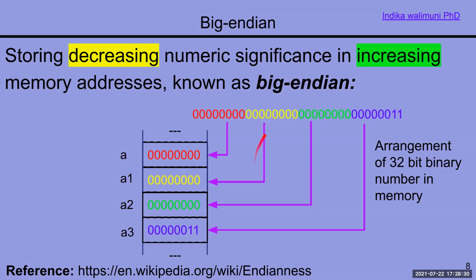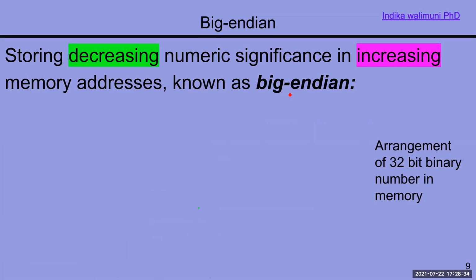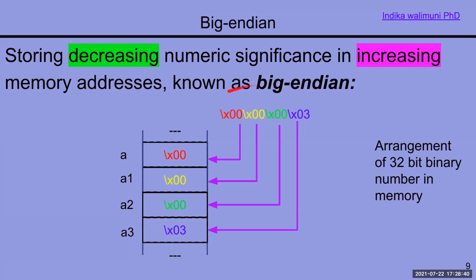So that's big endian format, and we can also look at that same number in hexadecimal form: 0 0 0 0 0 0 0 3. This is the order that we store in big endian format.